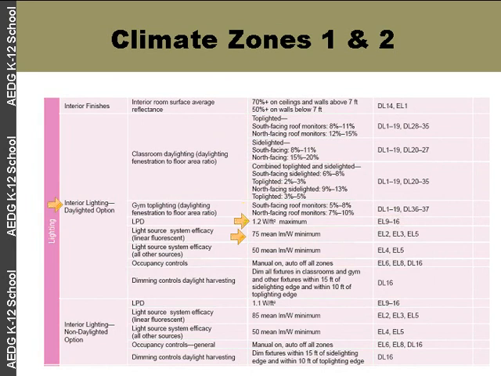So that 75 sounds low, but it's actually a little bit higher than that if you look at it with the ballast included. You'll notice that down below this, there's also a section on interior lighting, non-daylighted spaces. And you can see that the watts per square foot are at 1.1 watts per square foot. The mean lumens jumped up to 85 mean lumens per watt on the fluorescent linear sources.